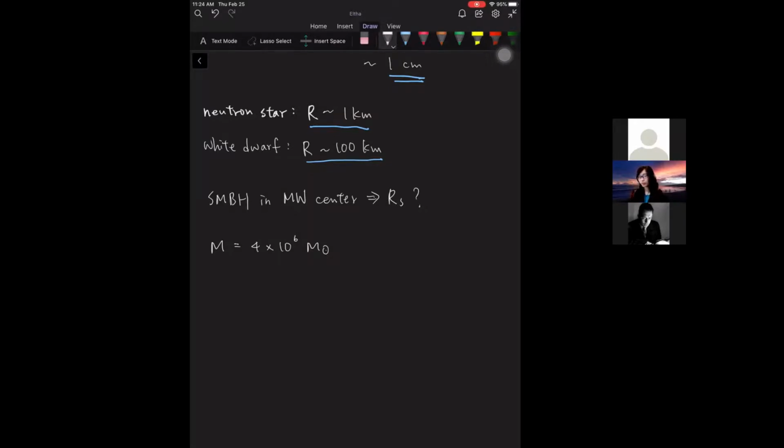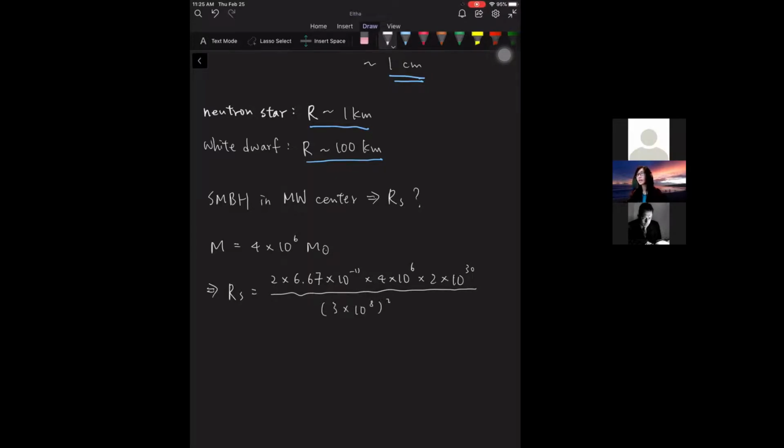Okay, so it's simple to get the Schwarzschild radius, just again by plugging in all these numbers: 2GM. M is now in solar masses, so we should convert this M into SI units. 1 solar mass is 2 times 10 to the 30 kilograms, and then divide by c squared.